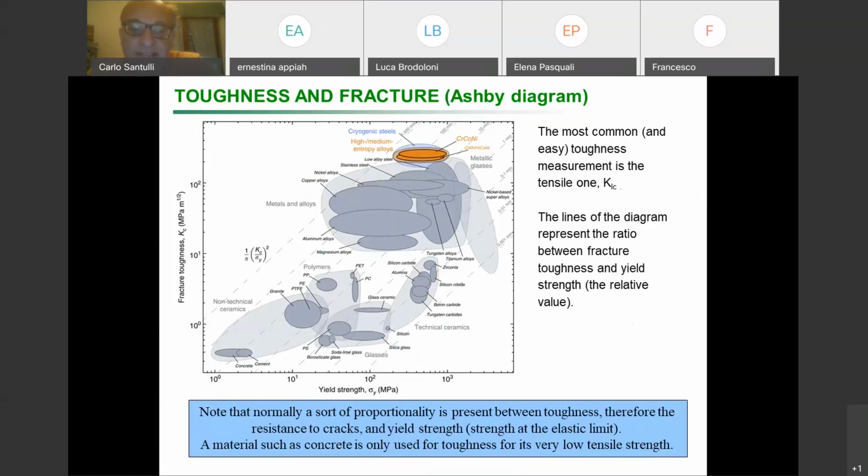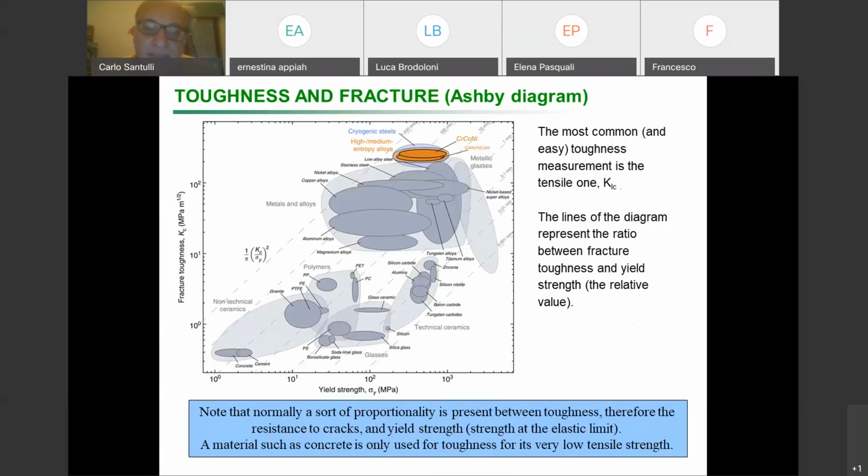Because in fact, you can see the relative value in the lines of the diagram: 0.001 millimeter, etc. These represent the relative value, so the fracture toughness with respect to the yield.